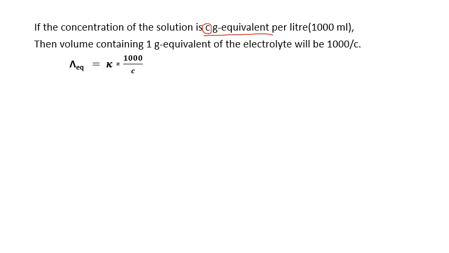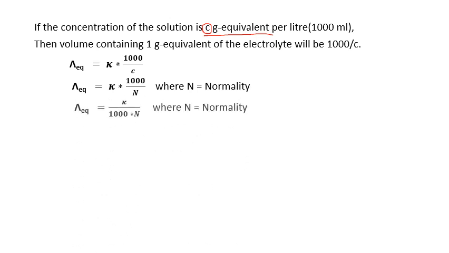Equivalent conductance equals kappa, the specific conductance, into 1000 by C. These are very important formulas. Now I will explain.